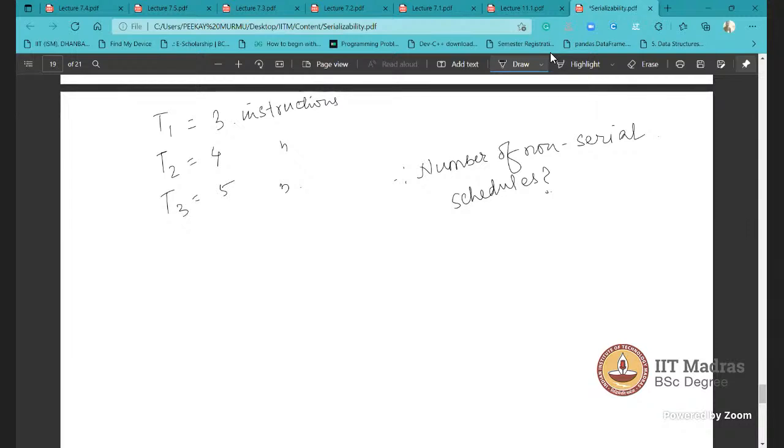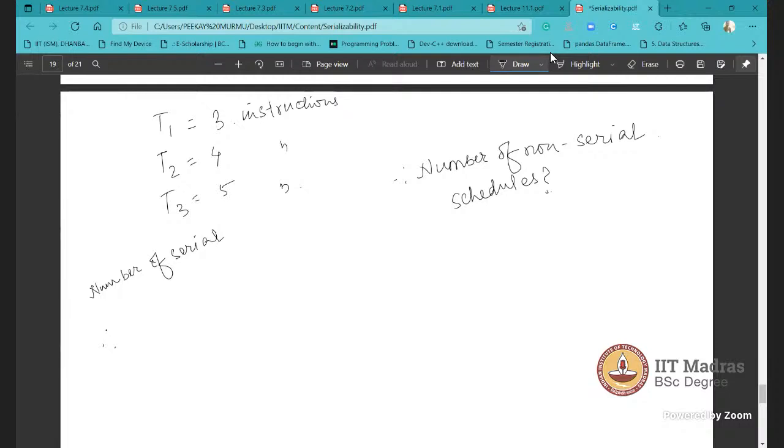At least tell me what the formula is. First tell me the number of serial schedules. That is 3 into 4 into 5, or (3+4+5) factorial by 3 factorial, 4 factorial, 5 factorial.